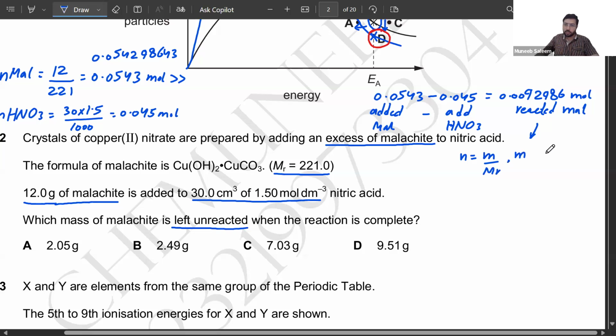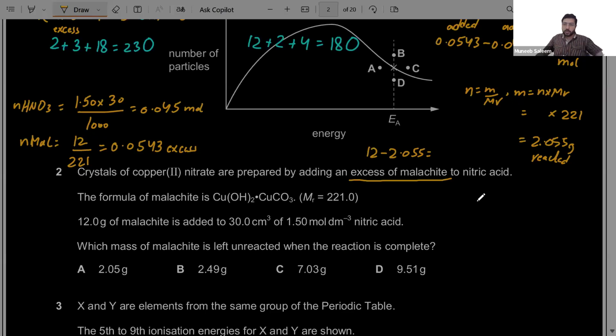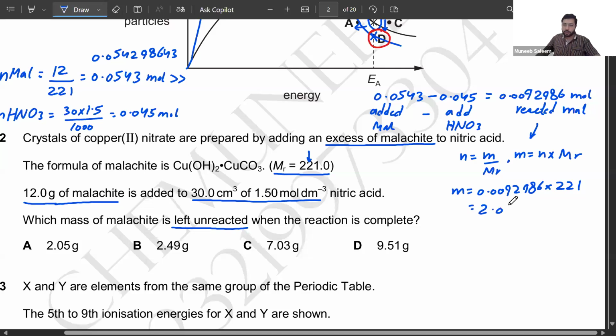Rearrange this equation to find mass, which will be equal to number of moles into MR. So mass will be 0.0092986 times MR. MR is 221. Now this value will come out to be 2.055 gram. Okay, this is the reacted mass of the malachite.